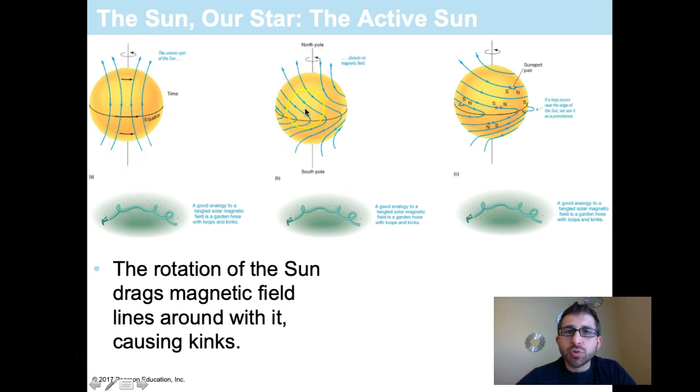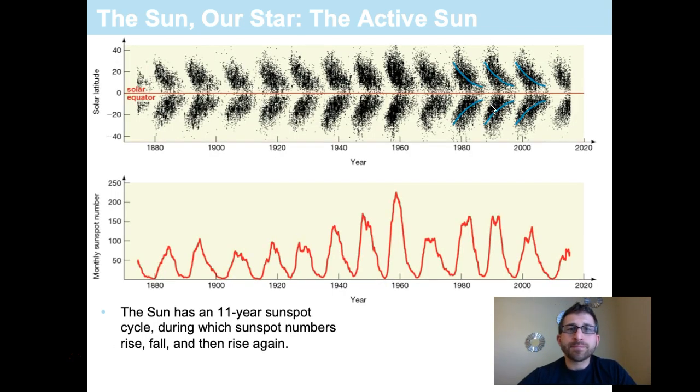Then we start to twist the sun, and you'll notice that towards the poles, the sun does not rotate as fast as it does along the equatorial regions, and so they get stretched and warped more and more over time. As they start to cause kinks, those kinks are represented as places where those magnetic field lines are extended through the solar photosphere, and we see them as a sunspot.